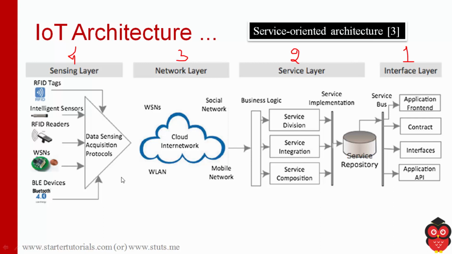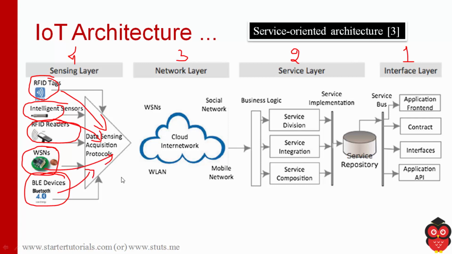Okay, so you can see here there are RFID tags, there are sensors, RFID radars, and Bluetooth low energy devices, and you have wireless sensor networks. So all these things are hardware devices, right, which gather data.